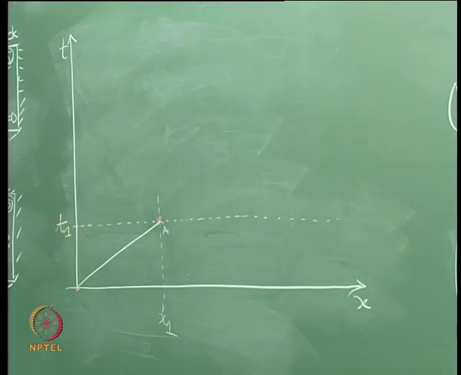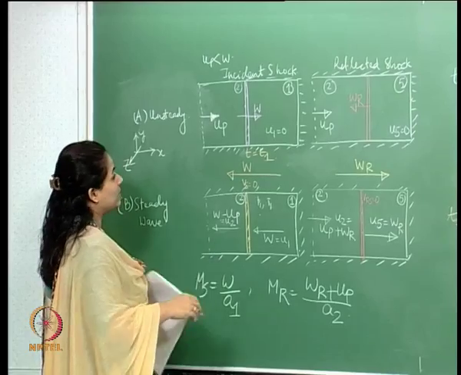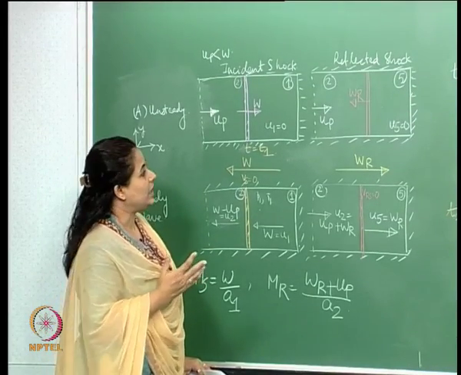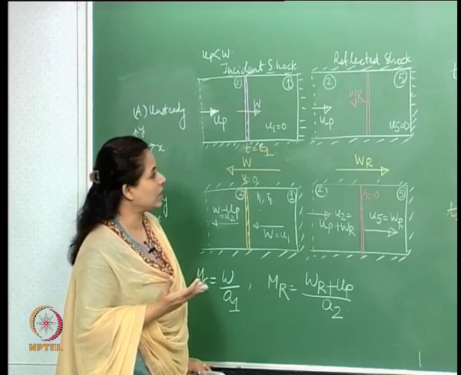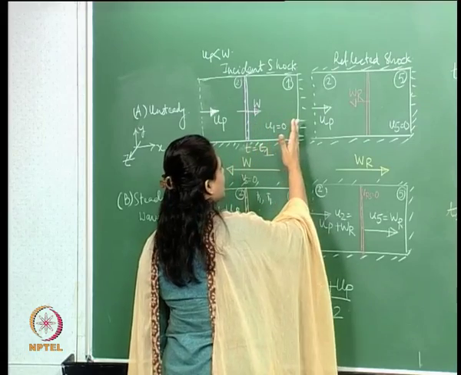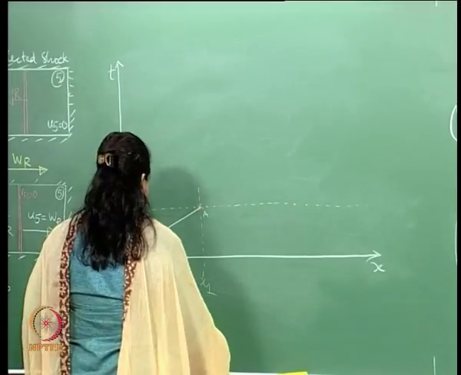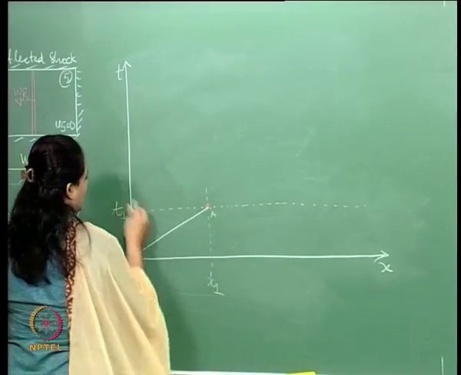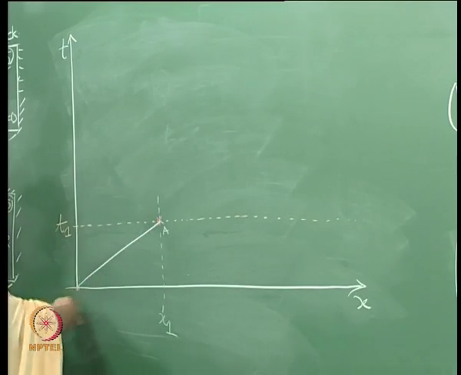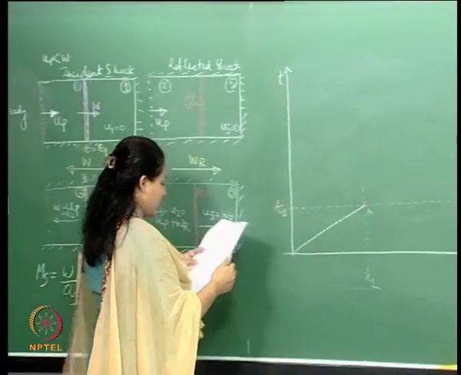Now after that, at time t is equal to t2, it hits the end wall. It travels some more distance and hits the end wall. The same slope is going to continue because it is going to travel with the same velocity w.